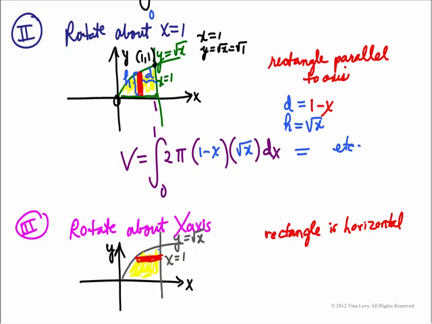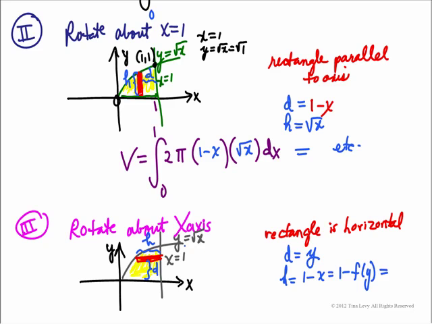So for this one, the distance to the axis of rotation is the distance up. It's the y value. And h is the length of that rectangle, which is 1 minus the x value. So h is 1 minus the x value, which is 1 minus the function of y.